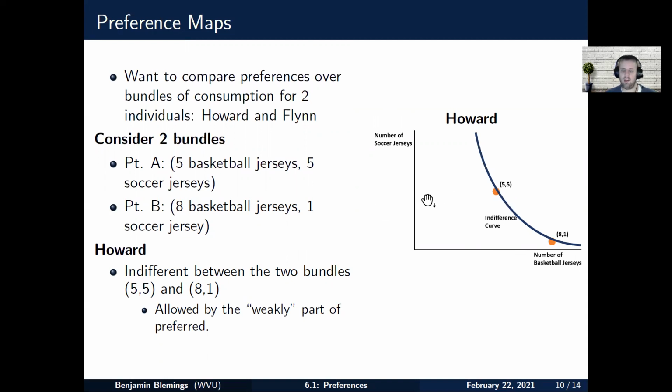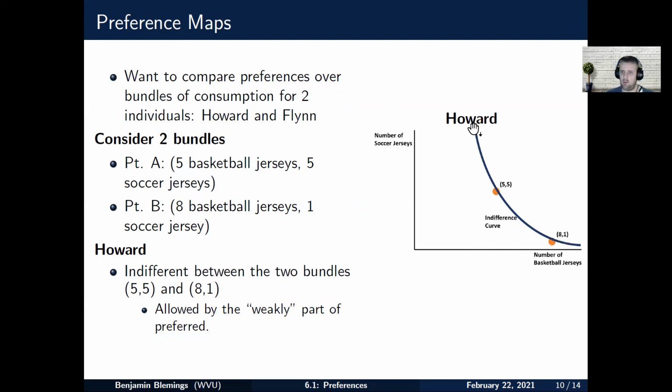So basically, Howard would get the same amount of happiness or satisfaction, or what we'll define as utility in the next section. That is, he doesn't care. He gets the exact same amount of utility from having 5 soccer jerseys, 5 basketball jerseys, as he does from having 8 basketball jerseys and 1 soccer jersey.